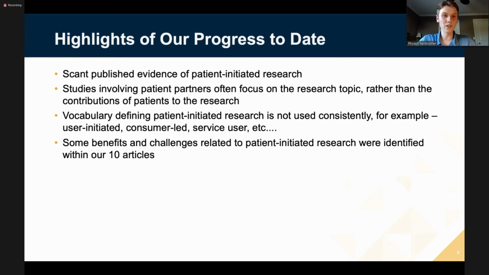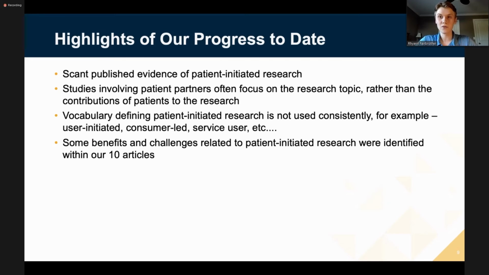We're thinking part of this could be attributed to the vocabulary that defines what it means to be patient-initiated research not necessarily being used consistently, or speaking to the same terminology or the same subject matter. Oftentimes, some articles that seemed very promising involved patient partners, but they often focused on the research topic itself, rather than the actual contribution of what the patient partners brought to the research team and how impactful they were on the research itself.